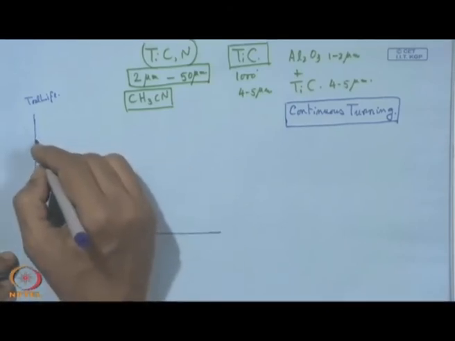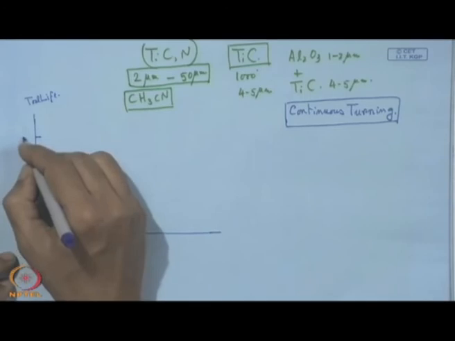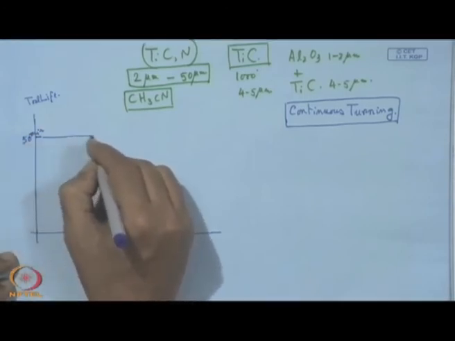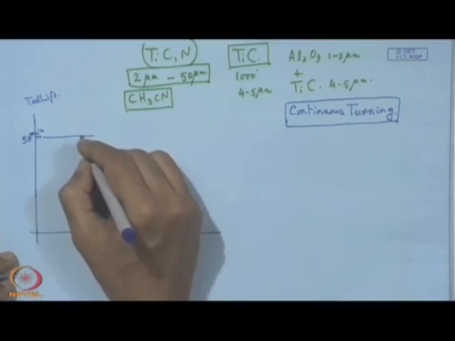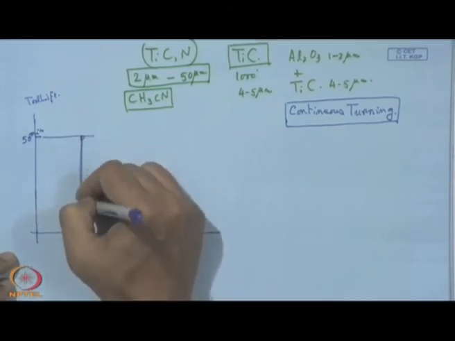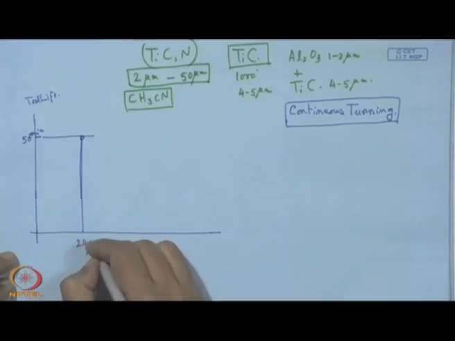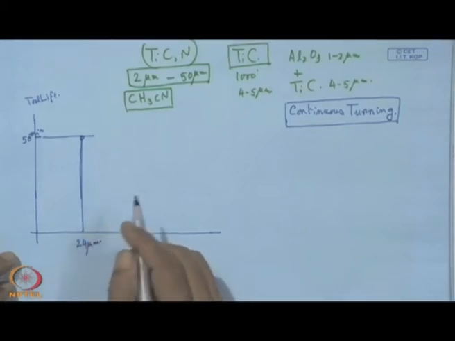Let us try to illustrate. If this is a 50-minute tool life, we can have a thickness of this. This is about 24 micron. What does it mean?